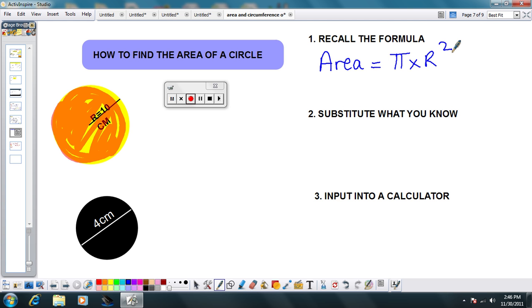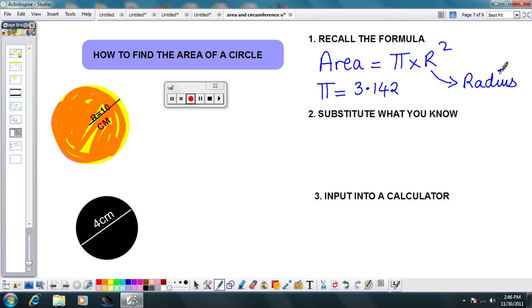Pi is a special Greek letter that we use to represent a special number, and it's equal to 3.142, and r is basically the radius of our circle.